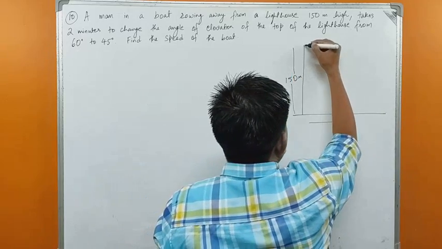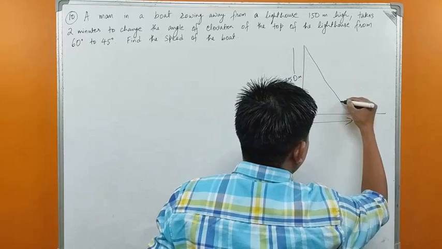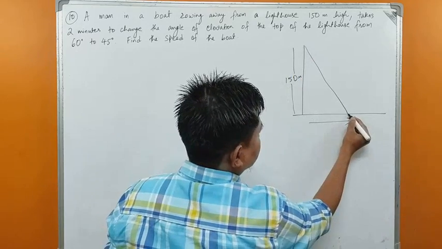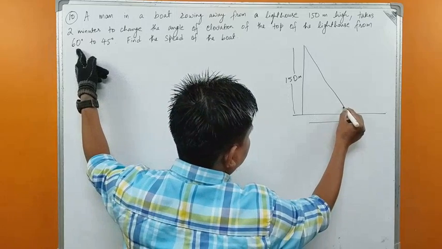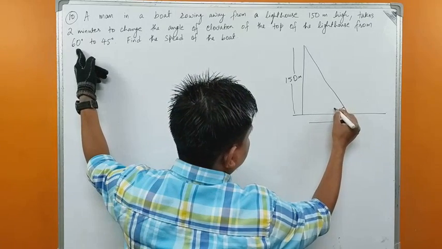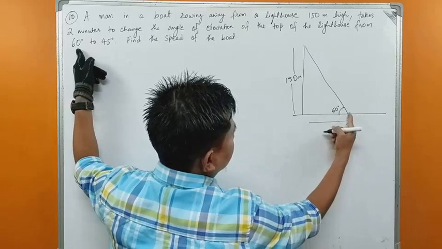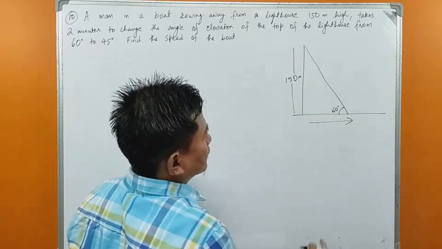So let us assume the person was here, and at this point the angle of elevation was 60 degrees. When the man was here, the angle of elevation to the top of the lighthouse is 60 degrees.